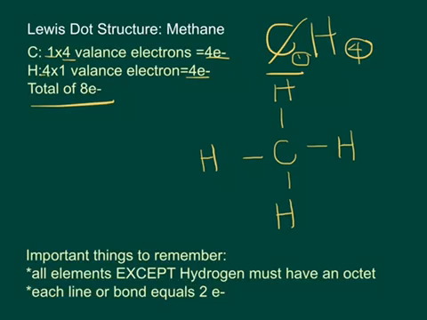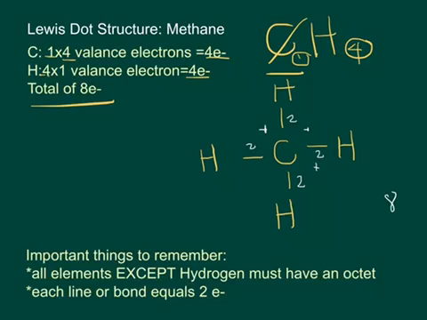So our next step is to count our electrons. If each dash equals 2 electrons, then here is 2, here's another 2, here is another 2, and here is another 2. So 2 plus 2 plus 2 plus 2 gives us a total of 8 electrons.